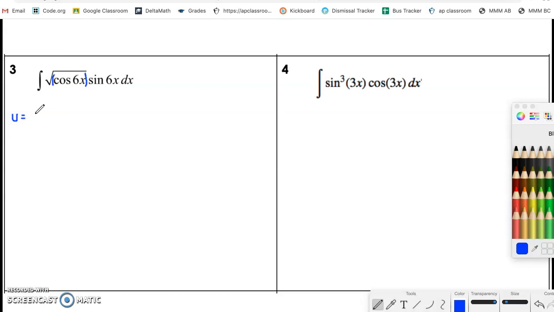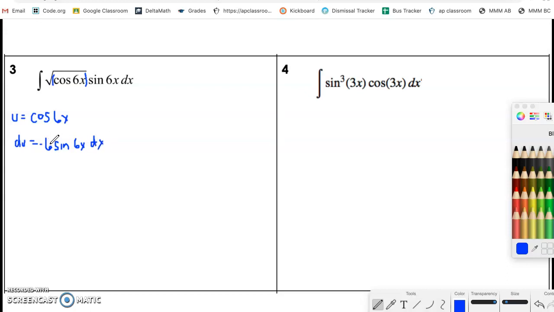So my u is going to be cosine 6x. So my du, my derivative of u, we're going to have to use chain rule, and we'll get negative 6, derivative of cosine, because the derivative of cosine is negative sine, so negative 6 sine 6x dx.